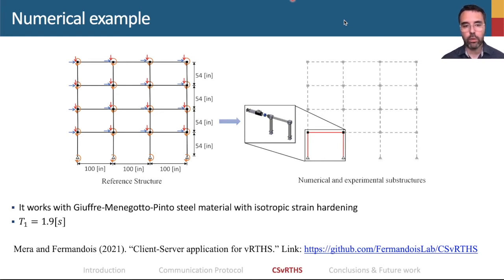In particular, we consider a steel material with isotropic strain hardening, and the natural period of the structure is 1.9 seconds. The whole framework and its implementation is available at a GitHub repository that is available for the community to work with this example and learn from our development.